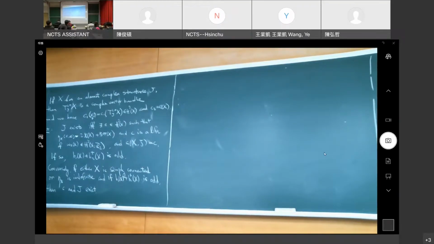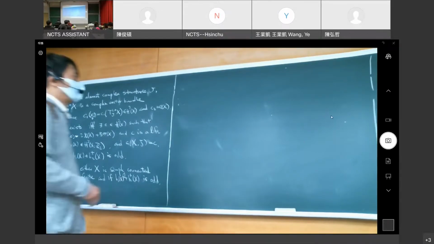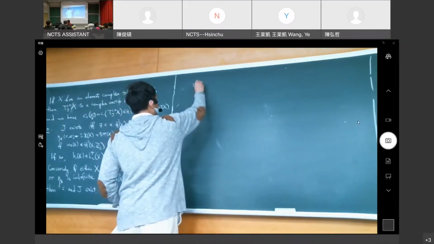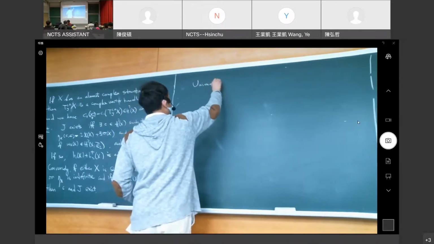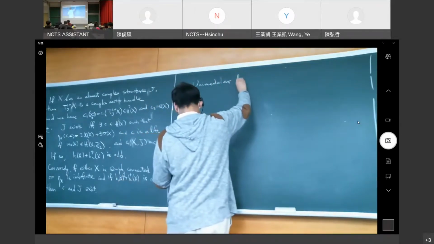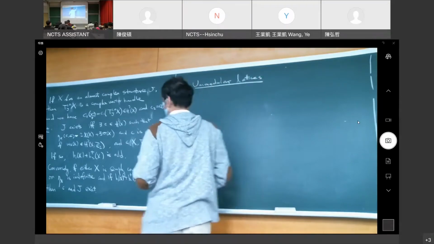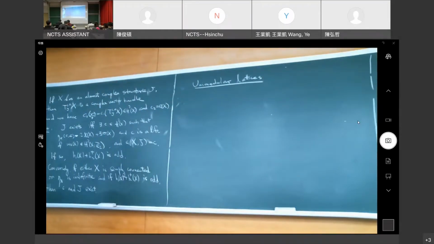So before I give you more information on four manifolds, let us make a digression on lattices. So these are free abelian groups with certain kind of bilinear pairing on it.